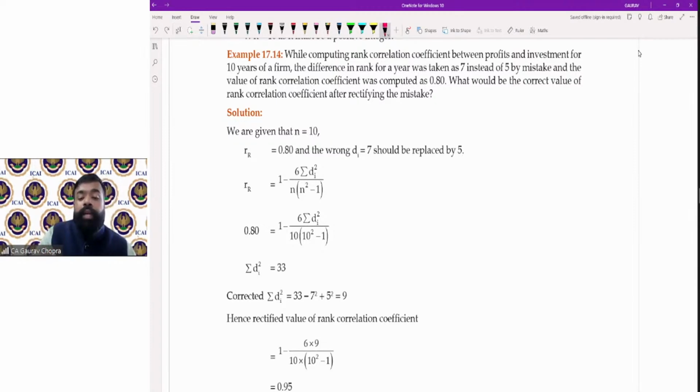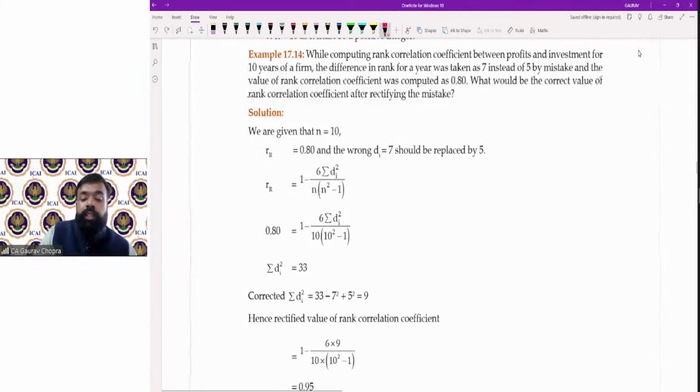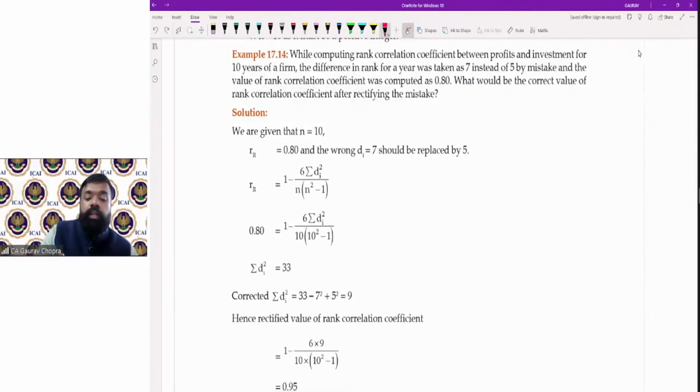Now here you have to identify what is the correction. कौन सी value correct है and कौन सी incorrect है. Taken as 7 instead of 5. 5 की जगह 7 ले लिया. That means 5 is correct and 7 is incorrect. तो ये correction हमें करना है so that we can find out the correct values.